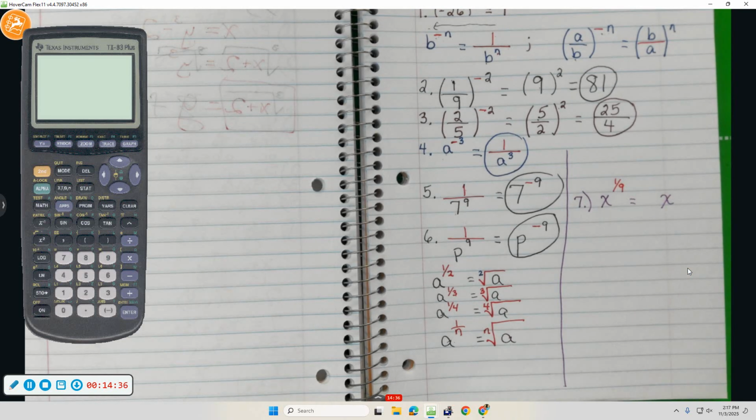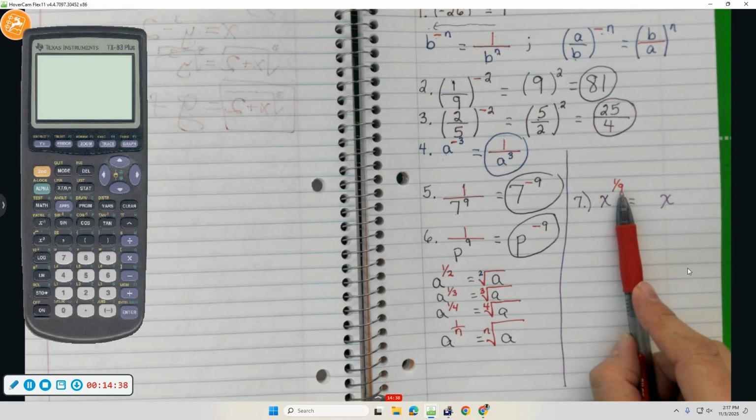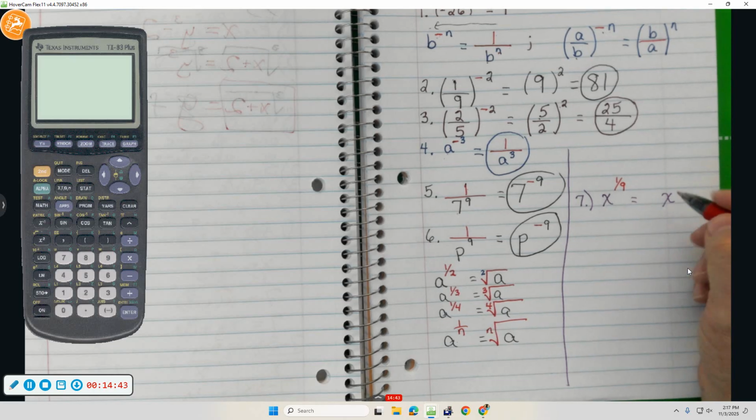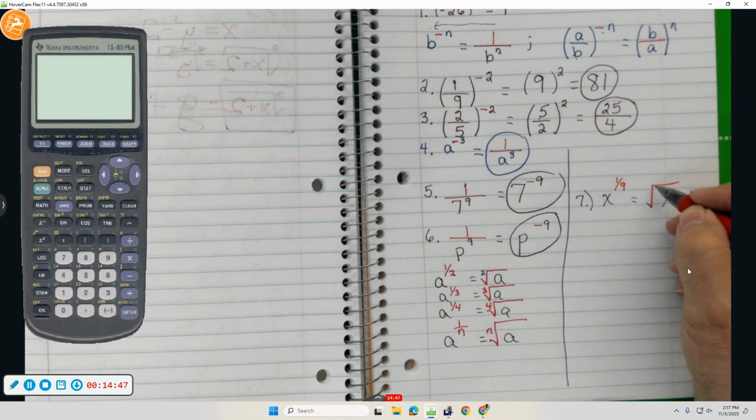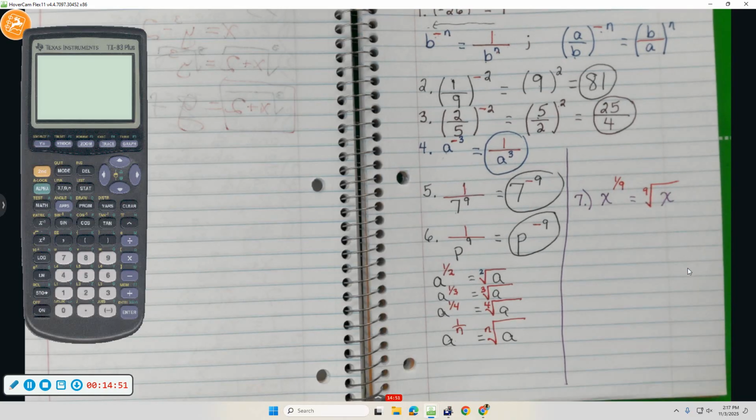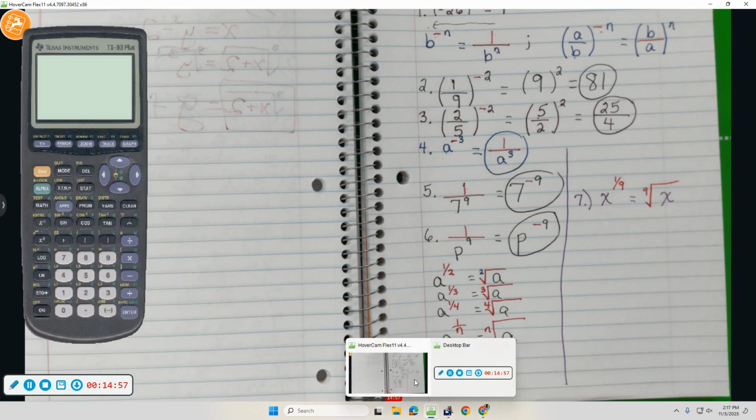So x to the 1/9, what symbol will I use to replace this 1/9 exponent? A ninth root. I draw the little radical symbol and put a 9 right there. X to the 1/9 is the same thing as the 9th root of x.